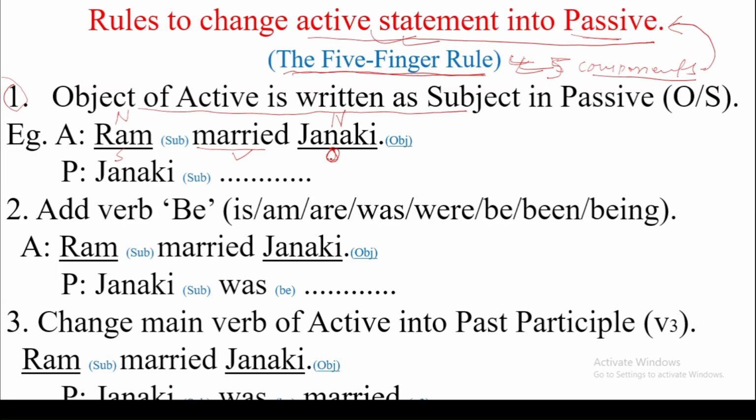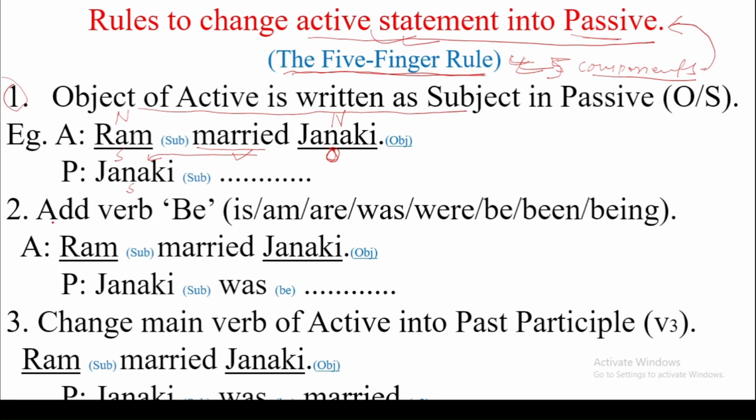So Janaki is the object and Janaki is written here at first as subject. This is the first step that we have done by changing object into subject. This is the first rule.